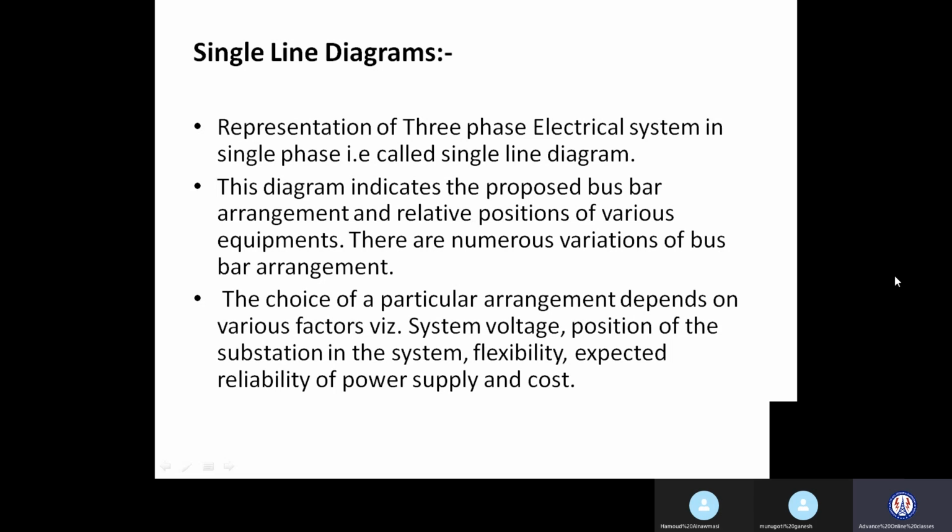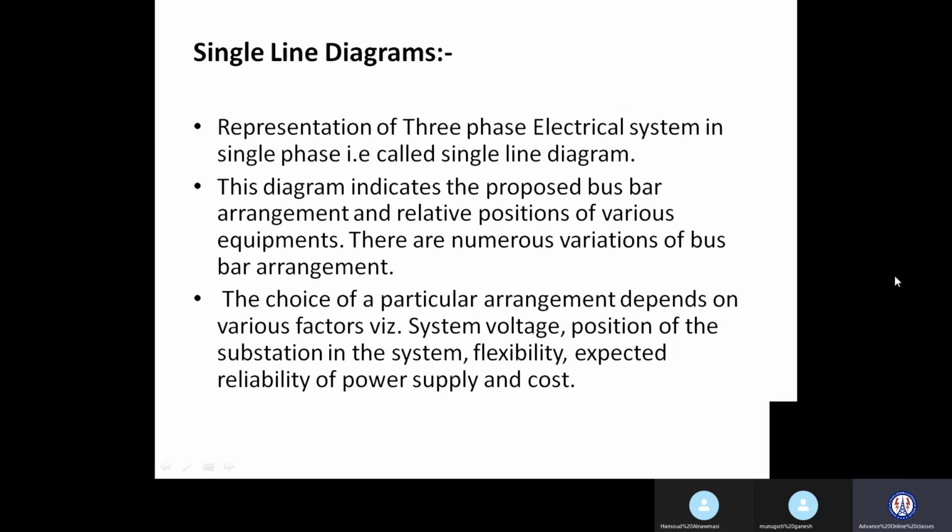Then the next input is the voltage level of the incoming feeders and of the outgoing feeders. The next input is the fault current, or short circuit current rating, of your incoming and outgoing feeders. After that, you require the number of transformers and their rating.